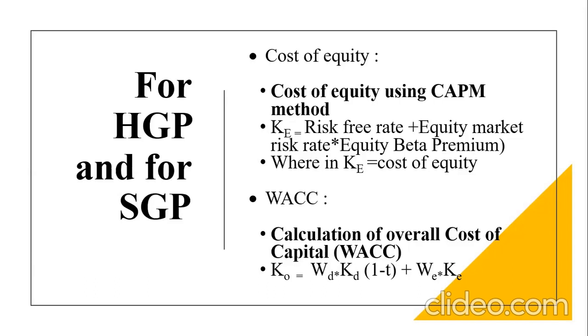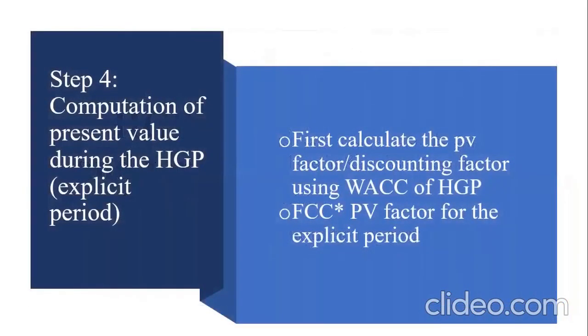The formula to calculate cost of equity under the CAPM method is KE equals risk-free rate plus equity beta into equity market risk premium, wherein KE is the cost of equity. So once the cost of equity and WACC are calculated for both periods, we move on to the next step, computation of present value during the higher growth period or explicit period.